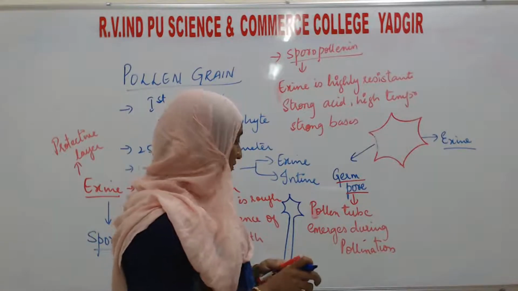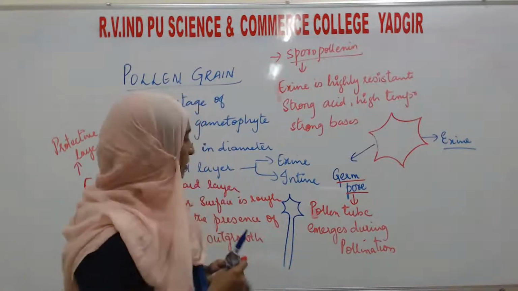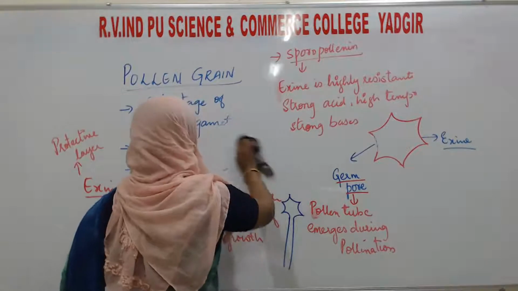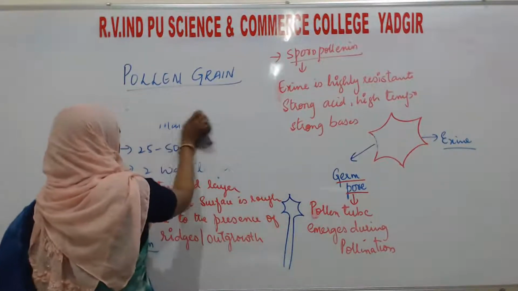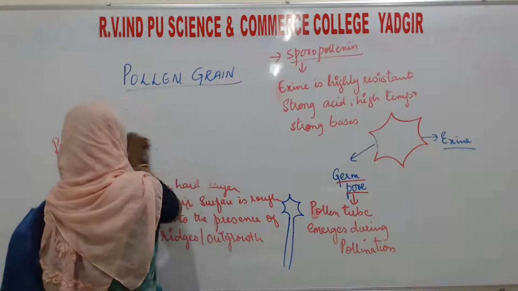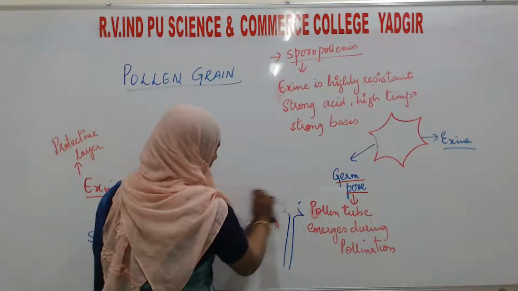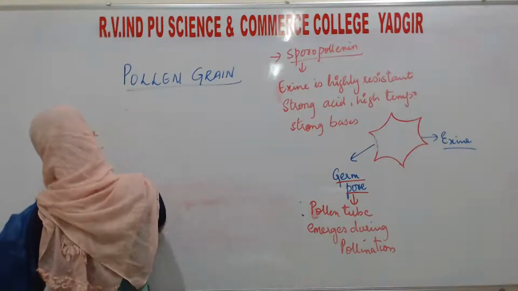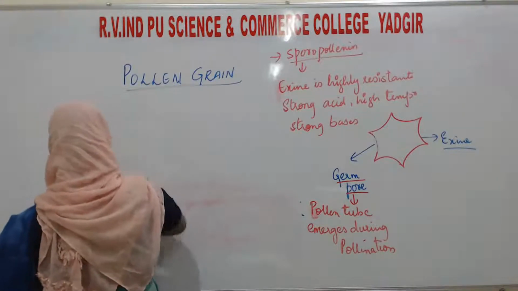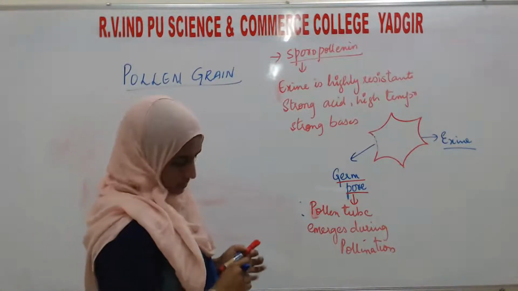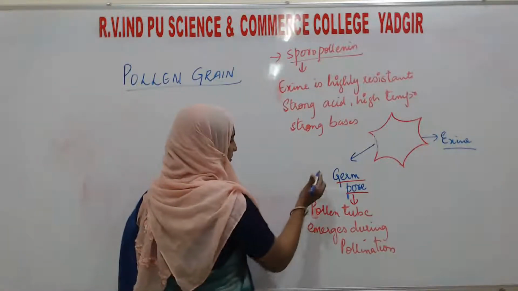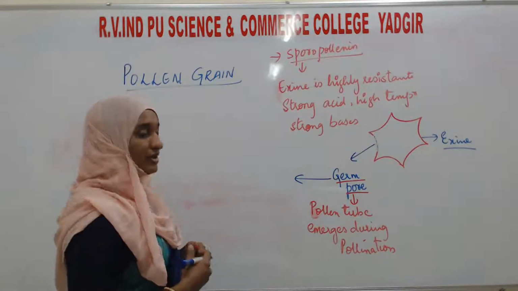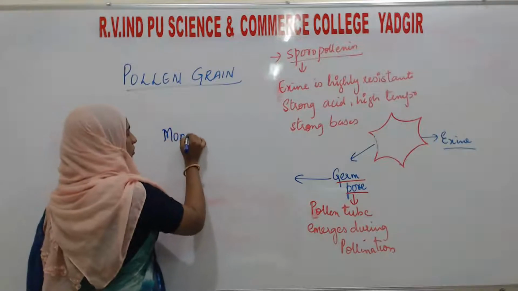In some of the pollen grains, based on the number of germ pores, the pollen grains are divided into various types, such as monocolpate.